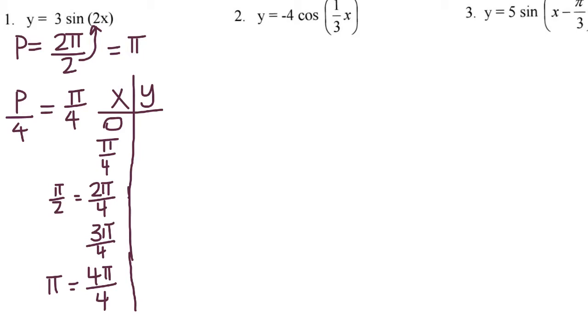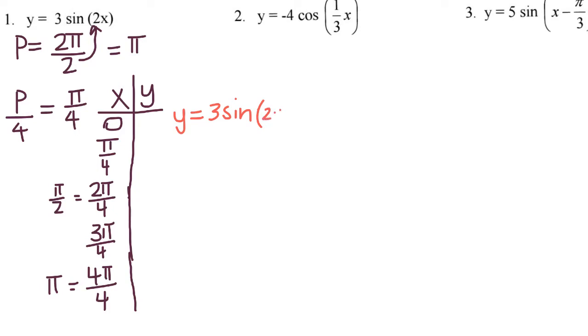To find your y values, you have a couple of choices. One would be to go through and plug in each one of these values that we have for x. If we do that, notice if we plug in 0 in place of my x value here, and plug back in all of those x values, you will get y equals 3 sine of 2 times 0.